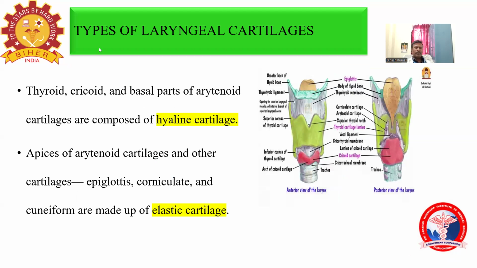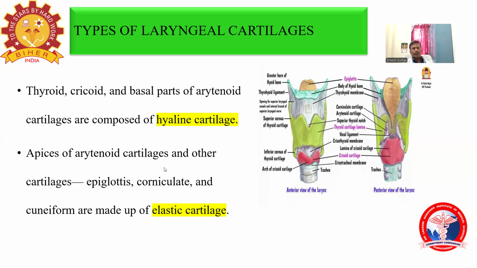Next we can see the types of laryngeal cartilage. What are the types? The thyroid, cricoid, and basal part of the arytenoid cartilage are composed of hyaline cartilage. The apices of the arytenoid cartilage and the other cartilages, epiglottis, corniculate and cuneiform, are made up of elastic cartilage.